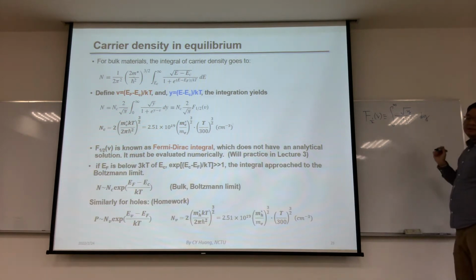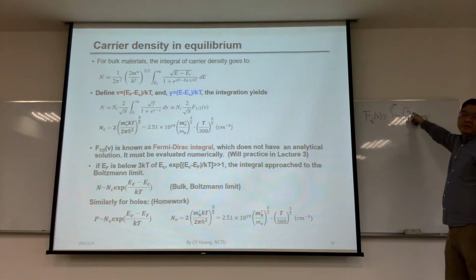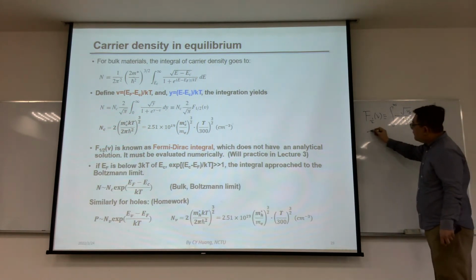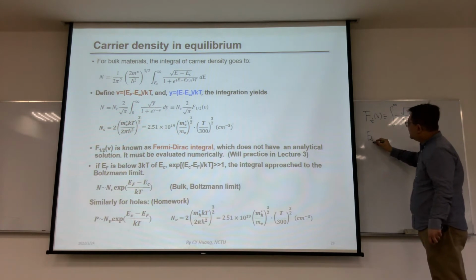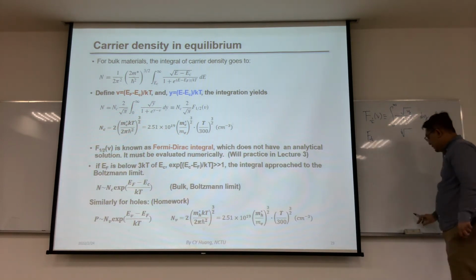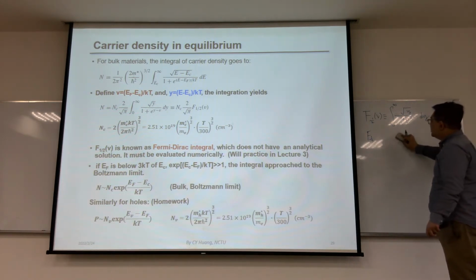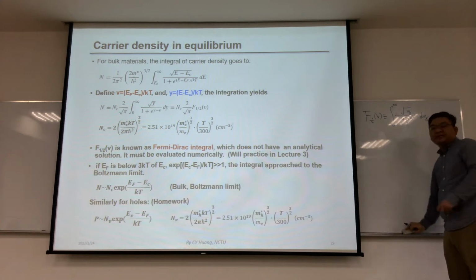Alright, so it's in terms of eta. Why do we have a half here? Because we are taking the integral with a square root. If it is F of 1/3, then probably it will be with a cube root. Anyway, this is a general form of such an integral.